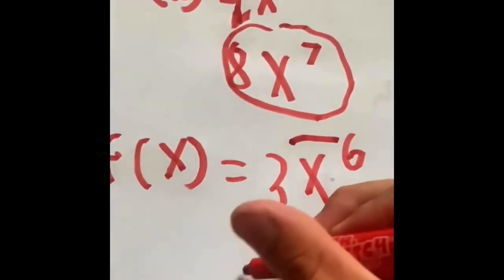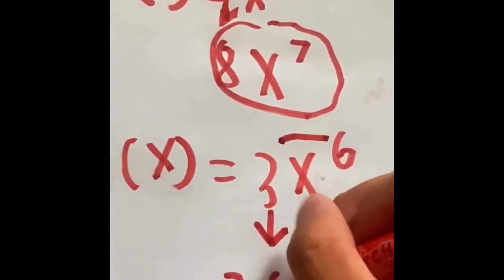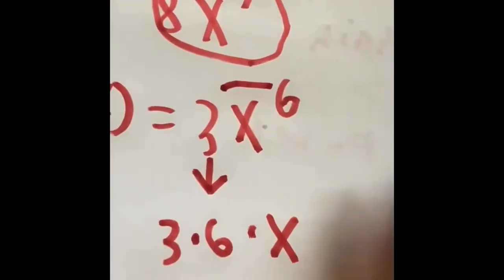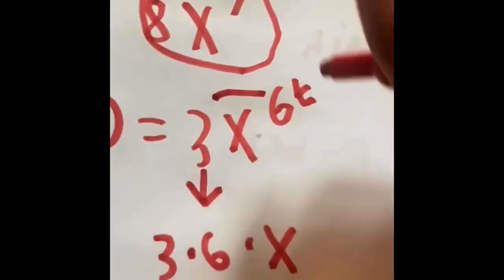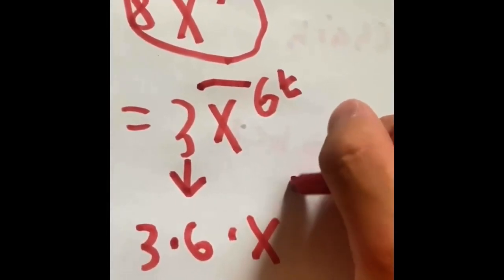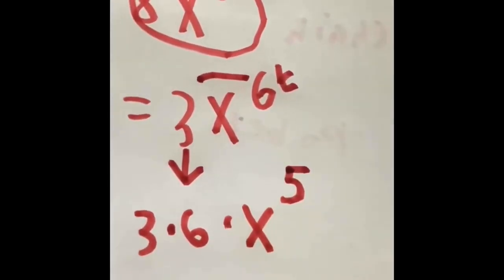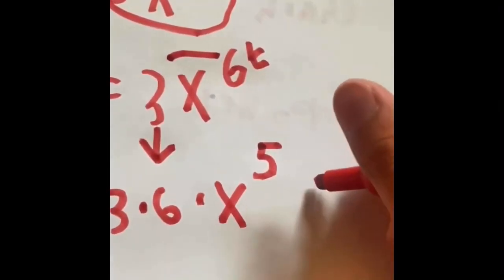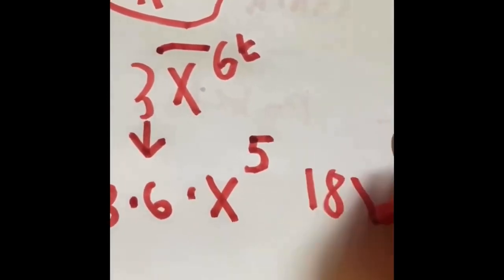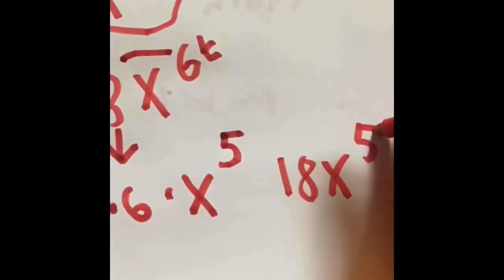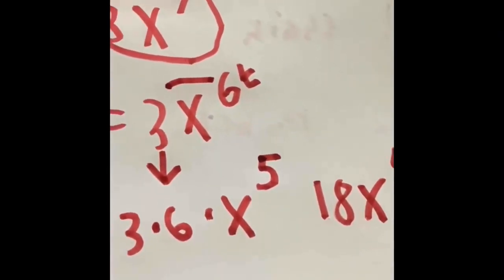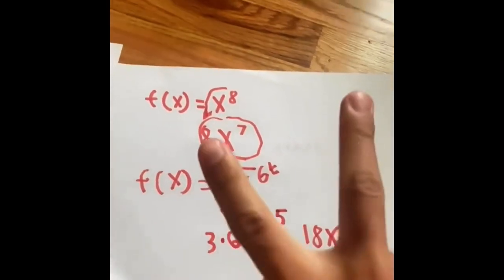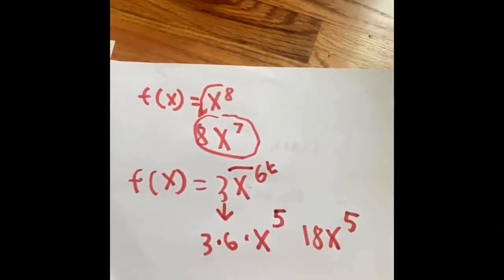So we have 3 times 6 times x, and we take that exponent of 6 down by one, so now we have 3 times 6 times x to the power of 5. When we simplify that, our new derivative becomes 18x to the power of 5. So working on derivatives, or finding them from a function, is actually simpler than you think.